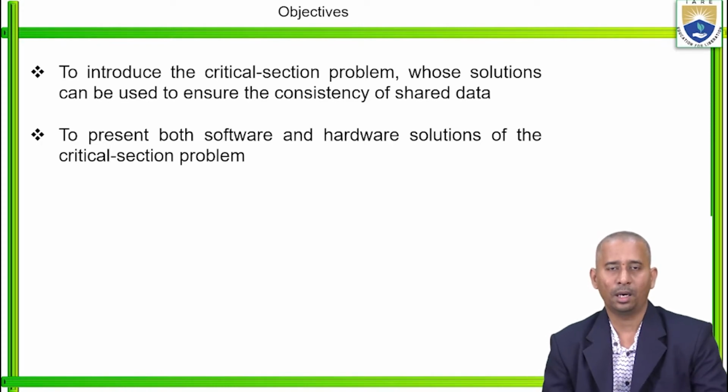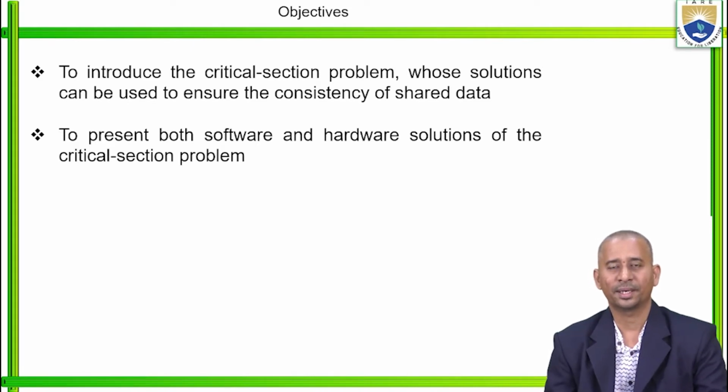First of all, why do we need process synchronization? In general, most real-time applications require some shared data, shared space, shared memory locations, or other shared resources. In those situations, there can be inconsistency of that particular shared data.